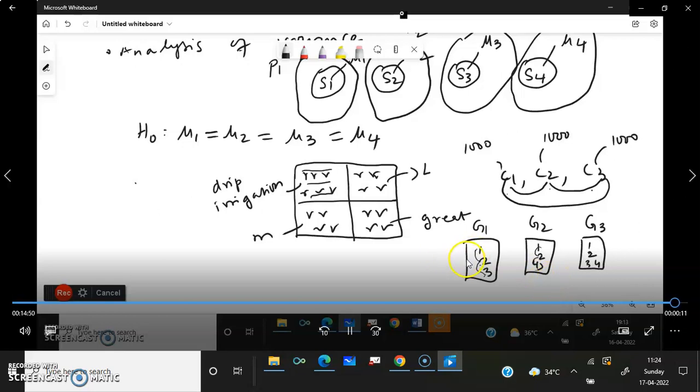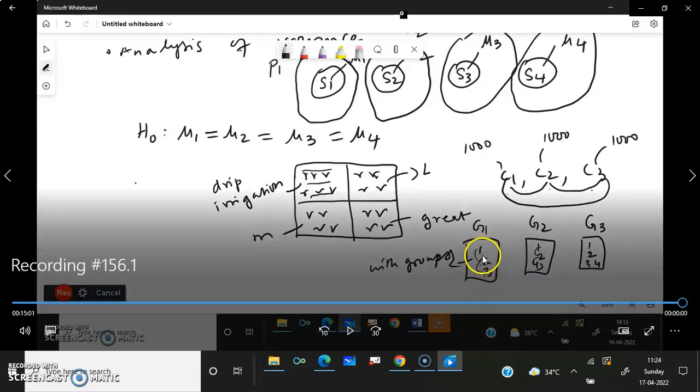I may be using different teaching methods for G1, G2 and G3. Which teaching method is best? Not only that, within the groups, group 1 has 3 students: student 1, student 2, student 3. Is there any significant difference between these 3 students? And is there a significant difference between the students of G1 and G2, G2 and G3, and G3 and G1?